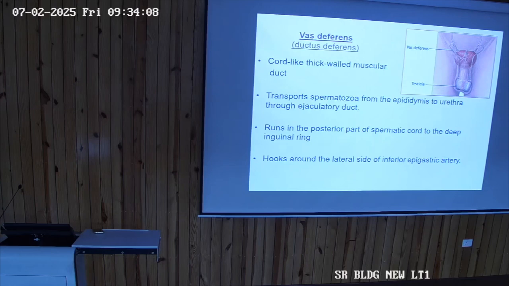One thing you must remember, a direct hernia is medial to the inferior epigastric artery, that is through the Hesselbach triangle, and this structure is lying lateral to the inferior epigastric artery. So the inferior epigastric artery is the landmark which differentiates the direct and the indirect hernia.